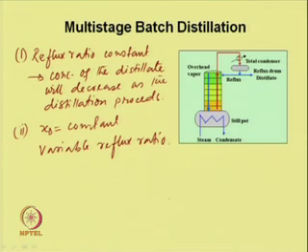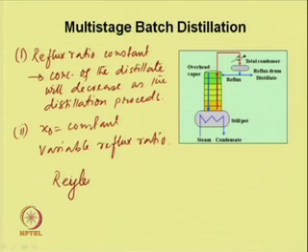The first one is known as the constant reflux operation and the second one is known as the variable reflux operation. If we want to solve using the Rayleigh equation as we discussed before, then some iteration is required.